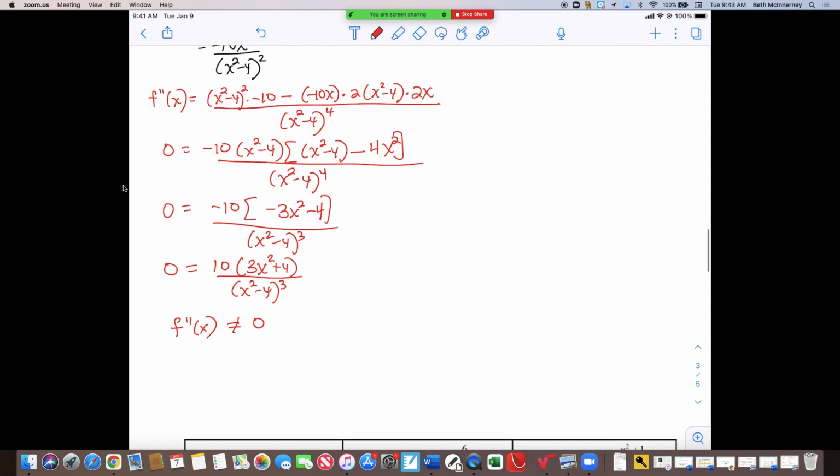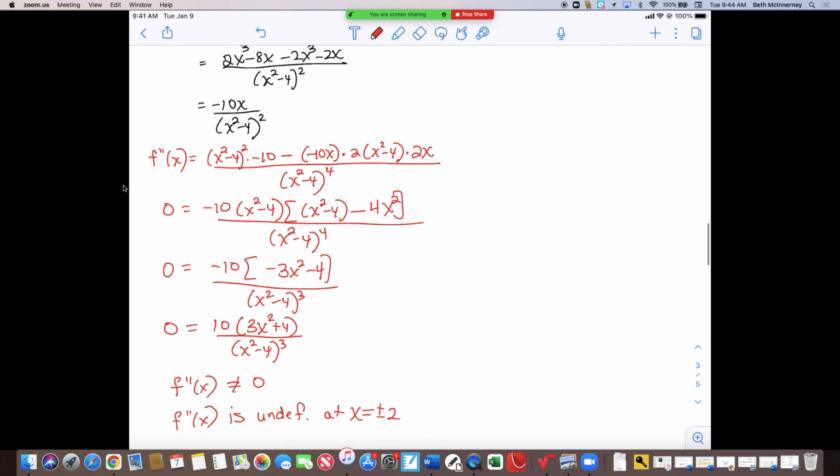Let me say that again. 3x squared plus 4 is never going to equal 0. f double prime of x is undefined at x is plus or minus 2. Now I know that it's not a point of inflection because x can't be plus or minus 2.